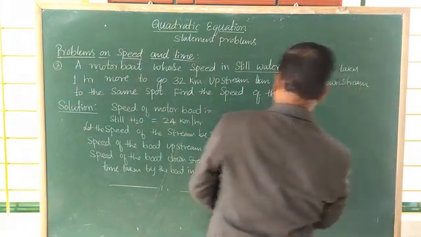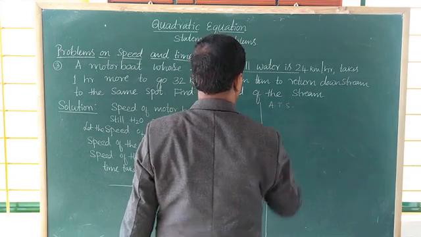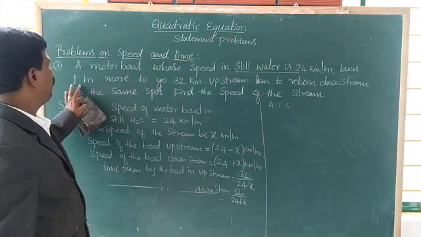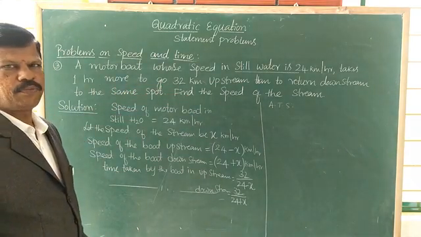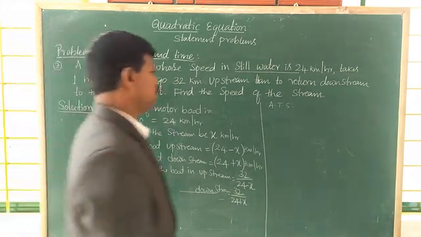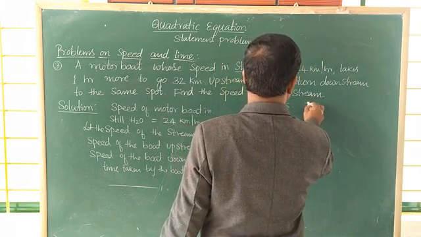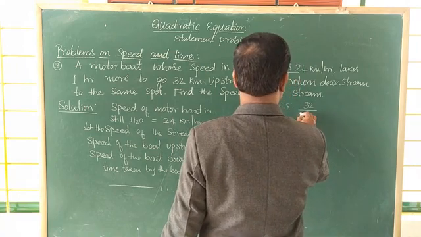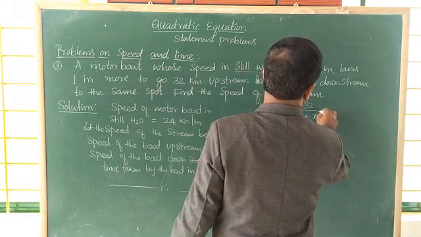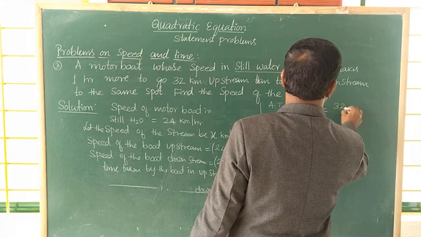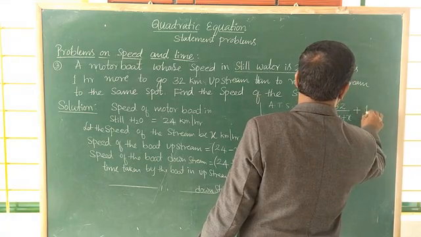Now, according to the statement, it takes 1 hour more to go 32 kilometer upstream than to return downstream. So here 32 by 24 minus x, this is the upstream time. This time is equal to 32 by 24 plus x plus 1.